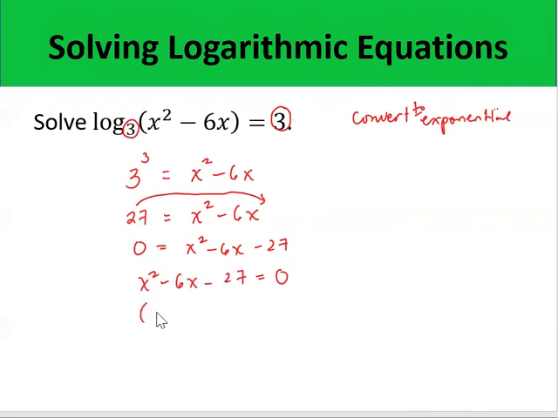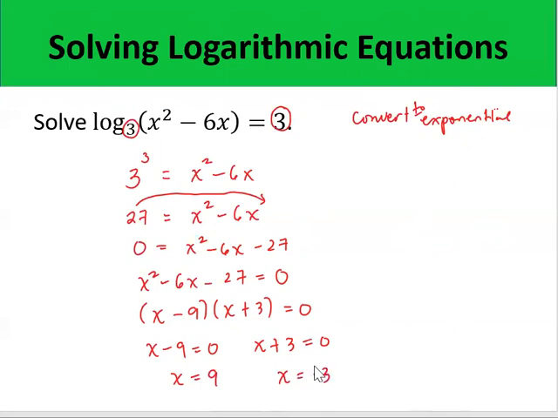But since this is factorable, we can factor this as x minus 9 times x plus 3 and equate to 0. And then equating both factors to 0 and solving for x, we get x is equal to positive 9 and x is equal to negative 3.